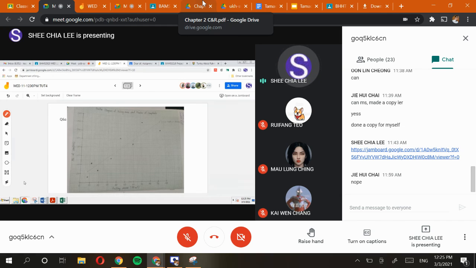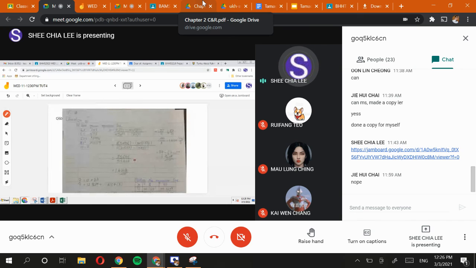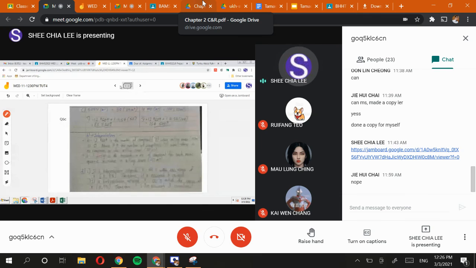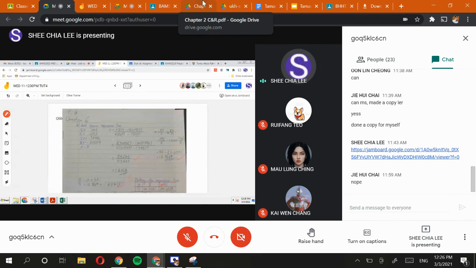So yeah, this is a scatter diagram. Very good, everything is complete, the labeling. Then you see part B, least squares regression. You come up with your equation, then you want to plot the regression line. You choose 8 and 95.